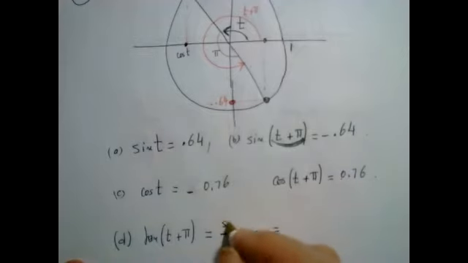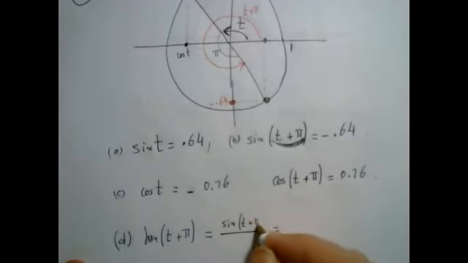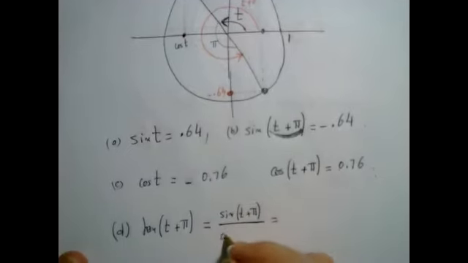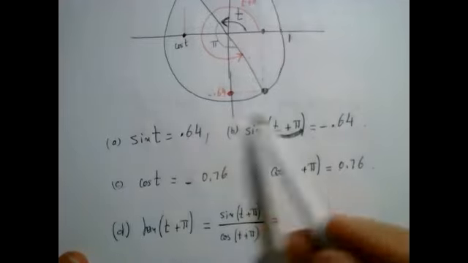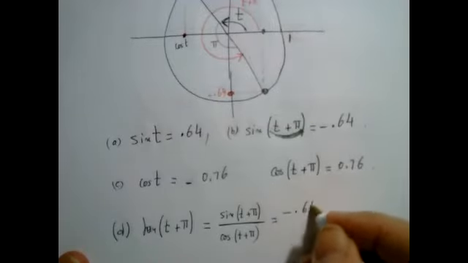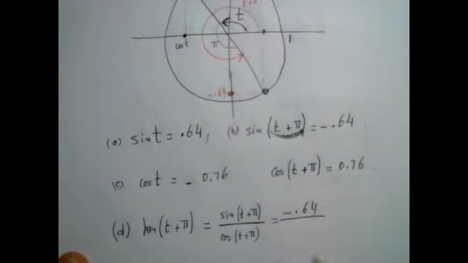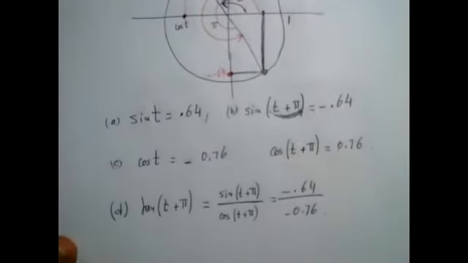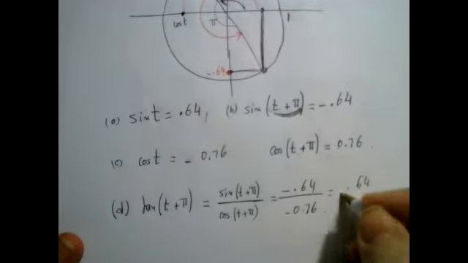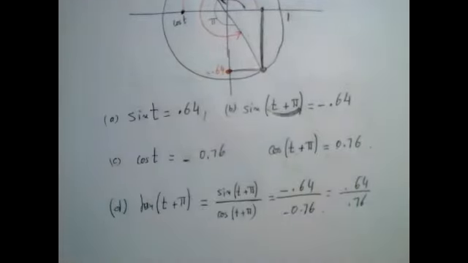It's the sine over the cosine. Exactly. What's the sine? It's minus 0.64. The cosine is minus 0.676. So the tangent is the sine over the cosine, or the y over the x. Then you plug in your calculator. This is not hard, but that's really what the idea is.